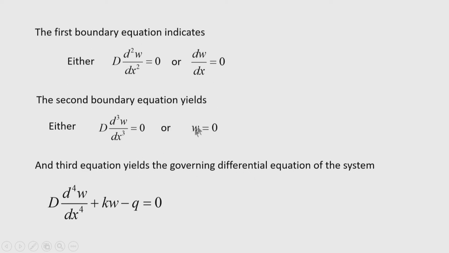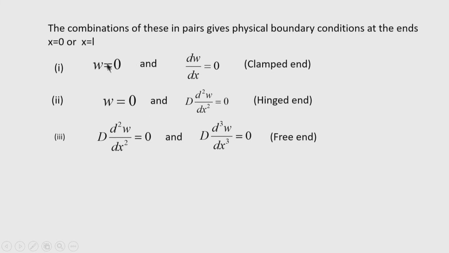Taking different combinations of these boundary values, we can now interpret physically the boundary conditions. The combinations of these in pairs give the physical boundary conditions at the ends x equal to 0 and x equal to L. At x equal to 0, one combination is w equal to 0, dw by dx equal to 0.